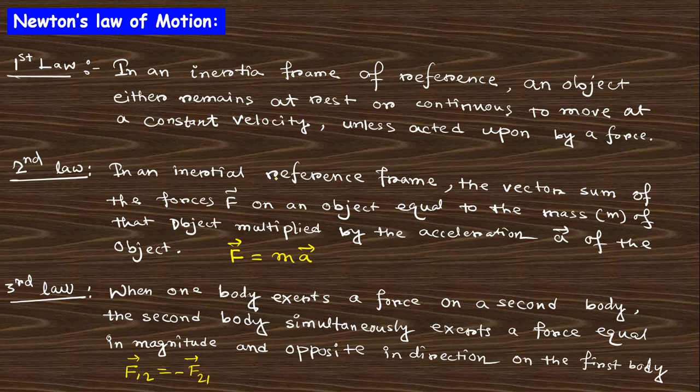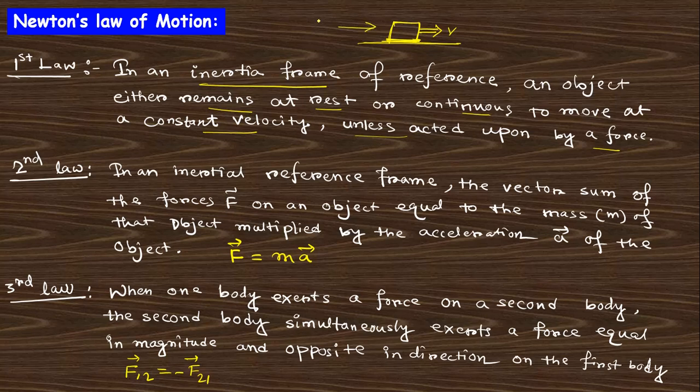First law: if there is an inertial frame of reference, you understand what we mean by an inertial frame. An object either remains at rest or continues to move with constant velocity unless acted upon by a force. Suppose this is a body. This body will move with uniform velocity, or if at rest, it will stay at rest, unless acted upon by a force.